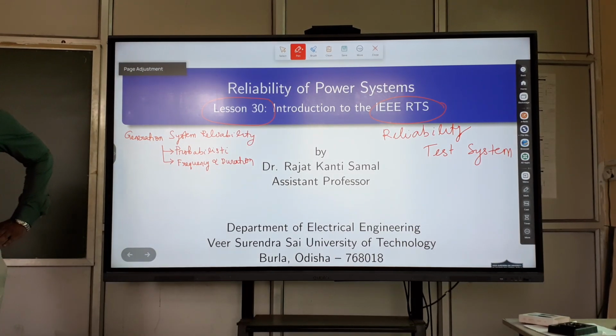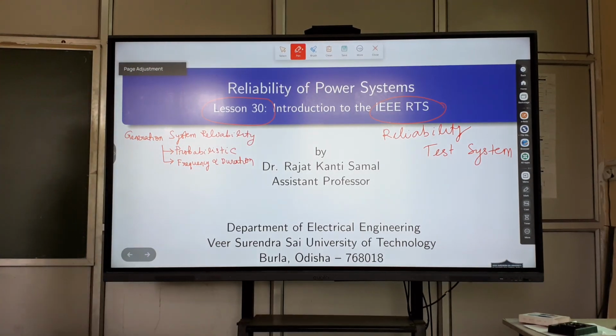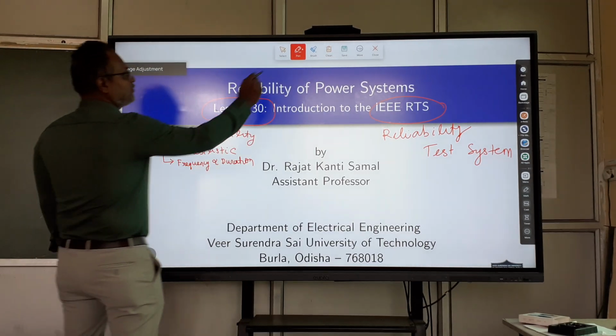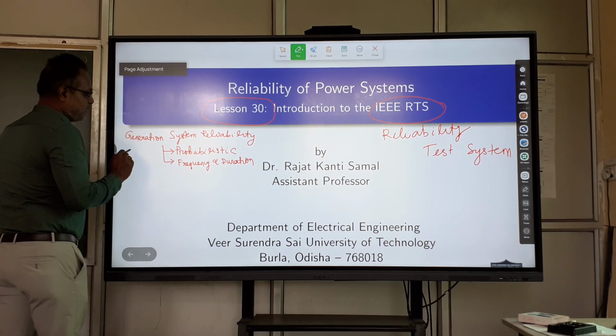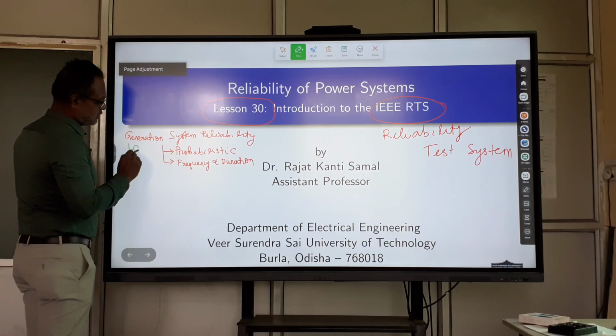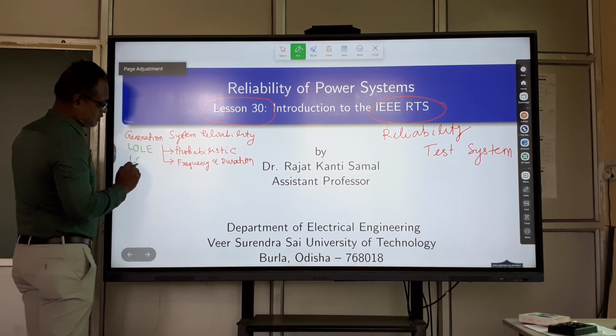For generating capacity reliability evaluation, we use probabilistic approach and frequency and duration approach. Right? And in both the cases, the risk indices were loss of load expectations, loss of demand.